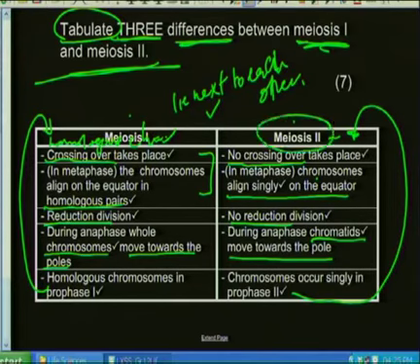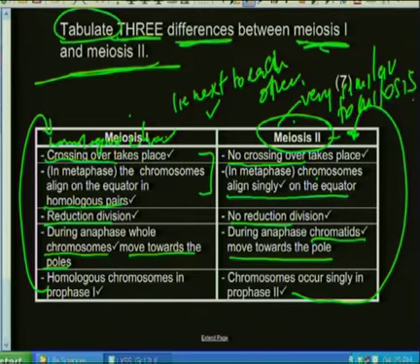Meiosis 2, you'll see your textbook says, is very similar to mitosis. So the differences are going to be the same. What are we going to say? In meiosis, let's write our own story, because we are writing a story.